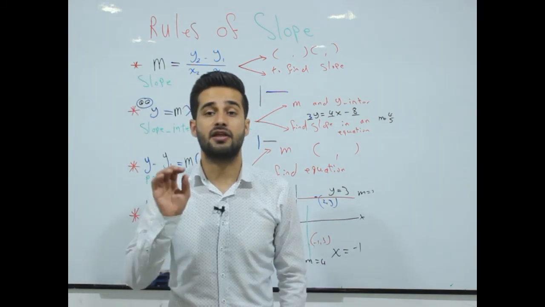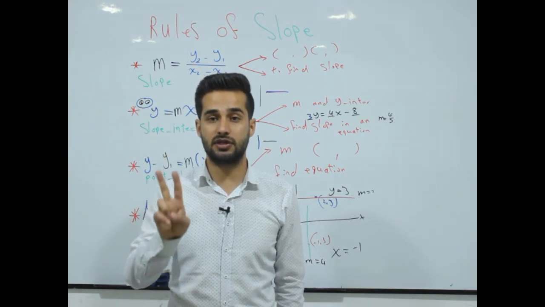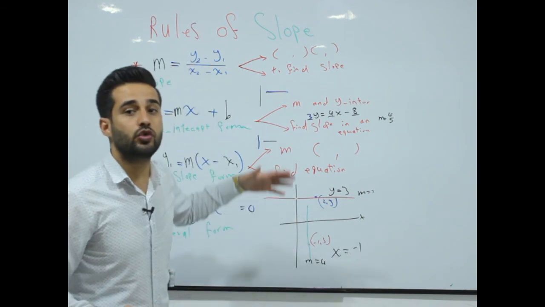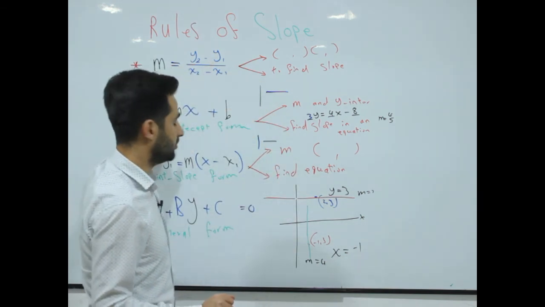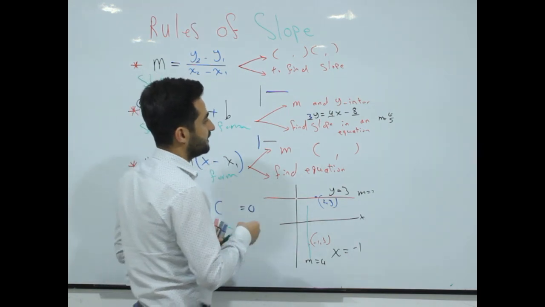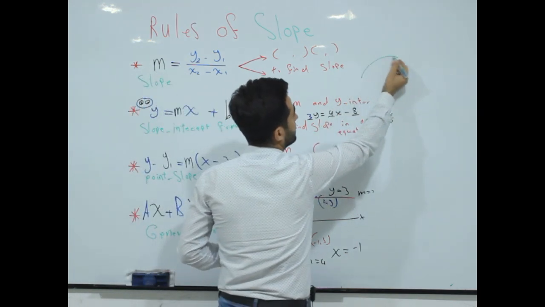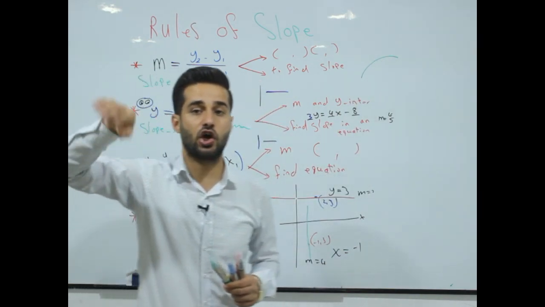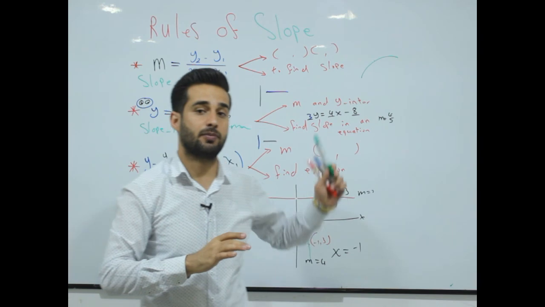Be careful, this year you have two types of slopes. One of them is the slope in a straight line. Those rules are talking about the straight line. For example, what is the slope in a bending shape or in a curve? We will talk about this later.